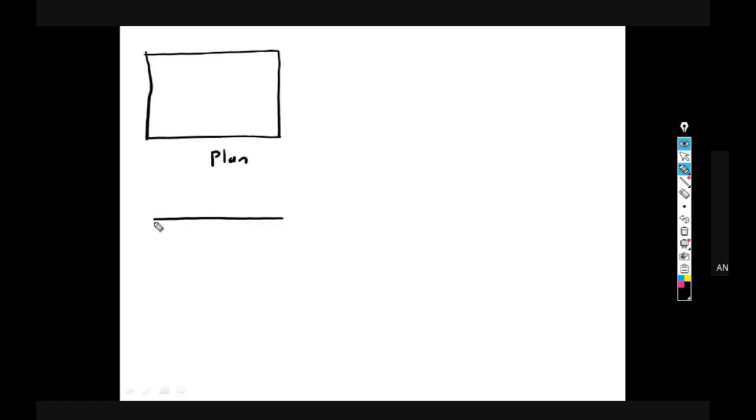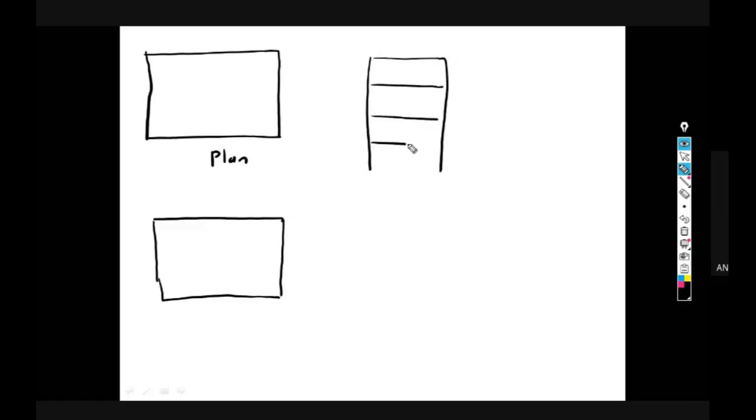Let's say there is a plan of a building. Then there is a second floor plan of the building. Let's say I'm considering the building plan. Okay. Then there is a section of a building. Let's say this is a section of a building. Then there is a schedule of drawings.